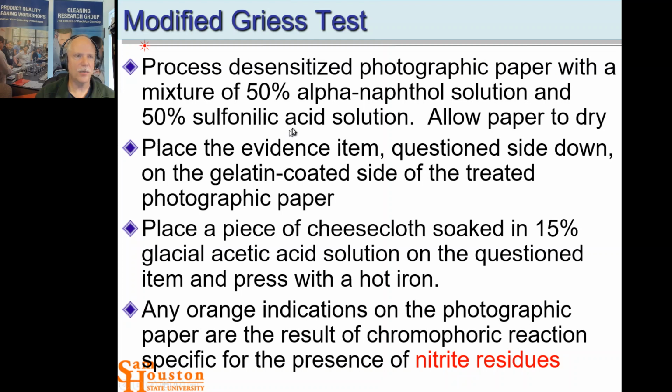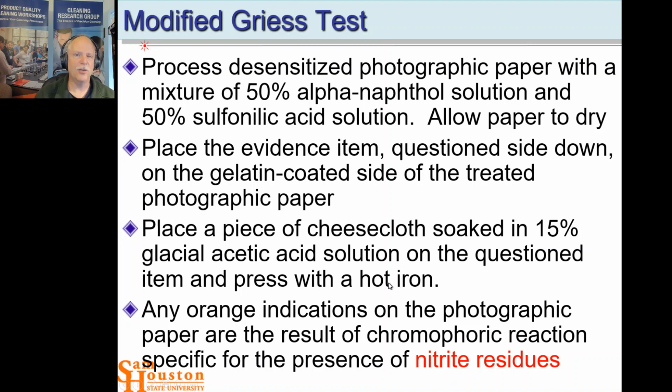So this is the procedure for the modified Griess test. And so you need desensitized photographic paper and these solutions here, and this would all come in a kit. Okay. And so then you put the evidence item question side down on the gelatin coated side of the treated paper, and then you soak the acetic acid cheesecloth on the question item and press with a hot iron.